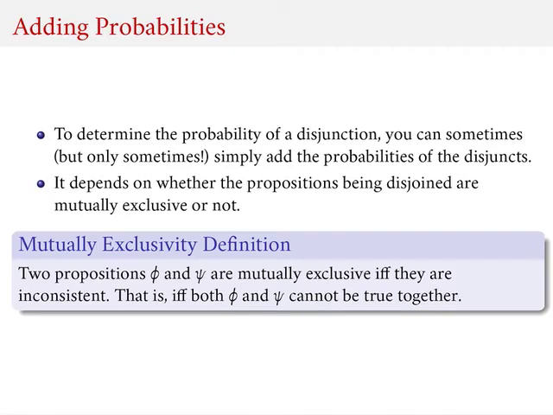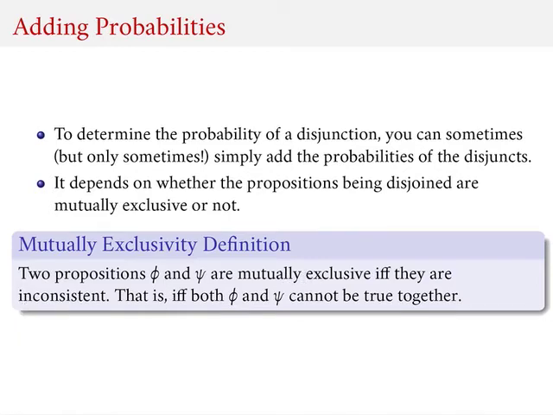So as I've stressed already, this idea of mutual exclusivity in probability theory is the exact same notion as we saw in the previous unit of inconsistency or joint unsatisfiability. So two propositions, phi and psi, are mutually exclusive just in case they are inconsistent.